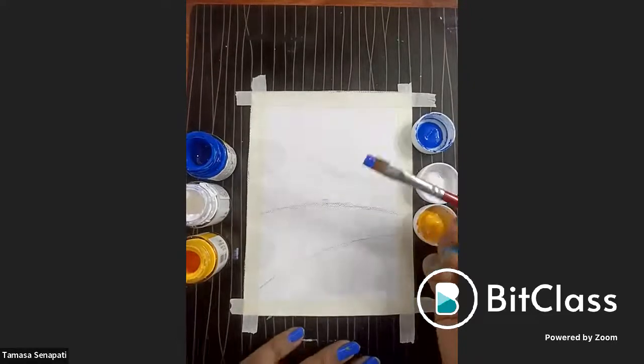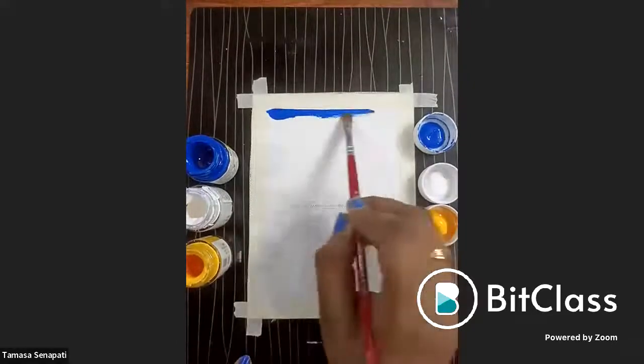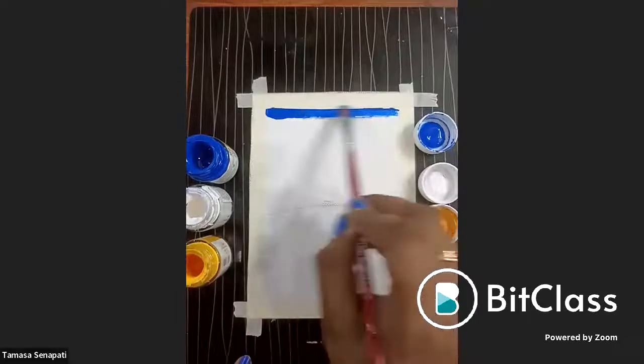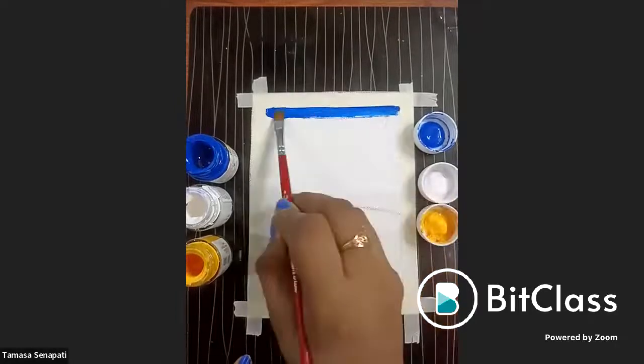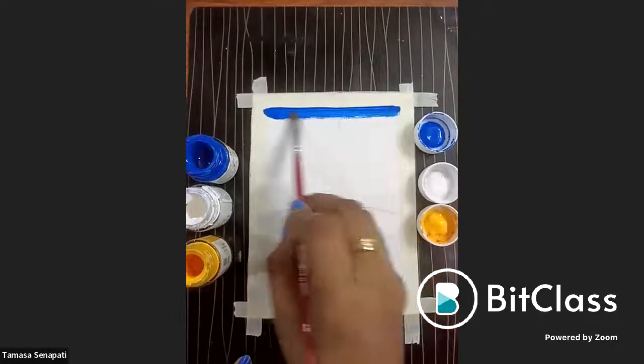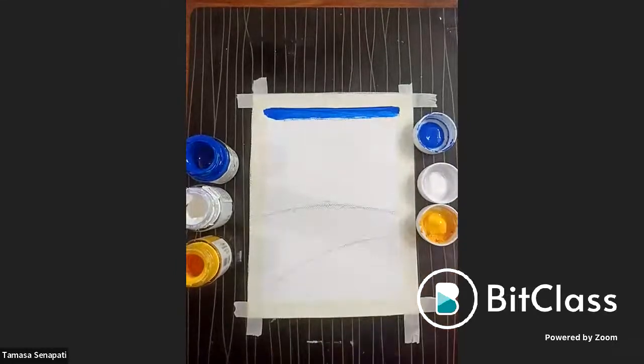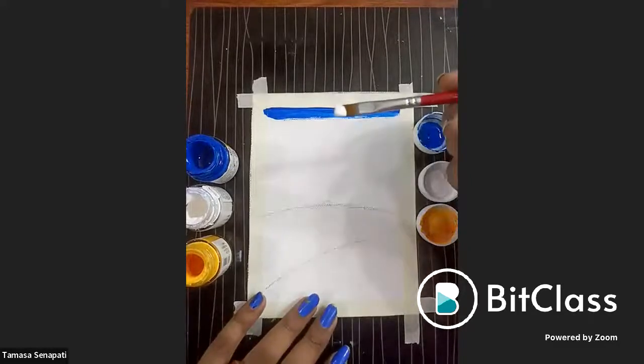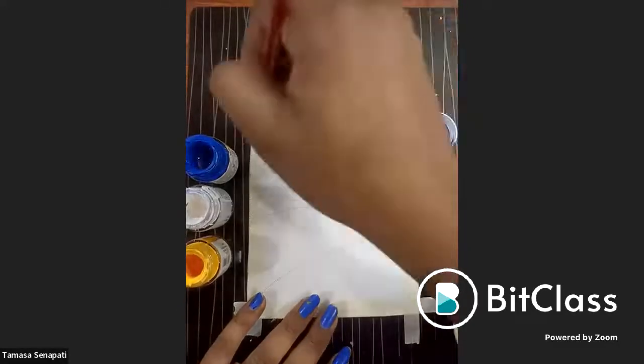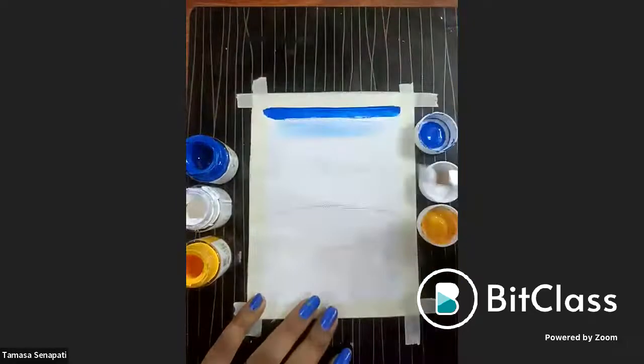I'm taking blue color here and just going to apply the blue shades on the upper side like this, holding my brush at about the 3/4 position. Then just clean your brush with your rough fabric and take your white color. I'm taking white color like this, and you can apply the color something like this or like this.